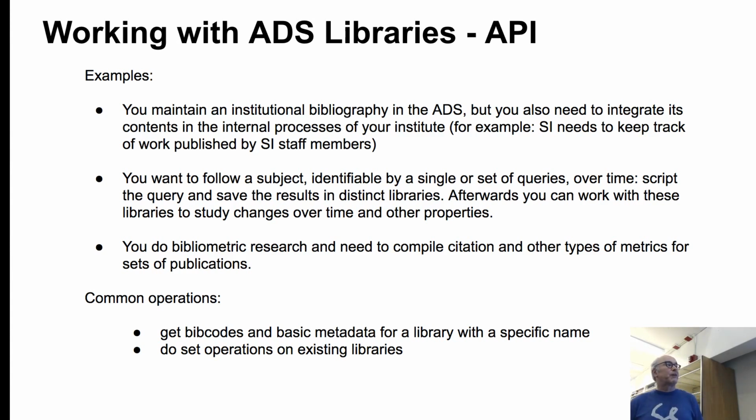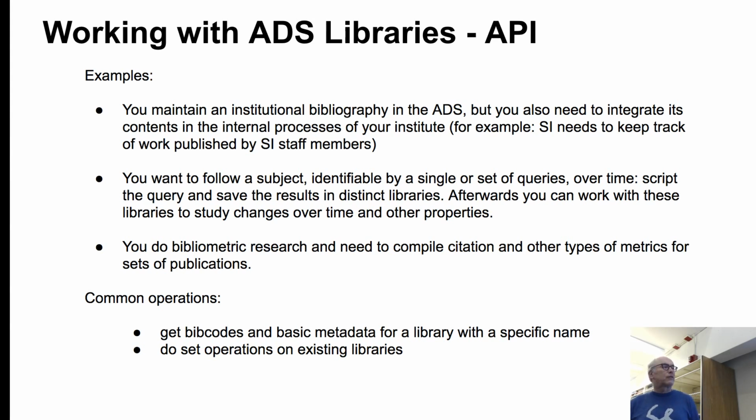So that's a prime example why you would want to use the API, because then you can script all those queries. Another example is if you're more interested in following a certain research topic, especially over time, and see how publications about that topic change.